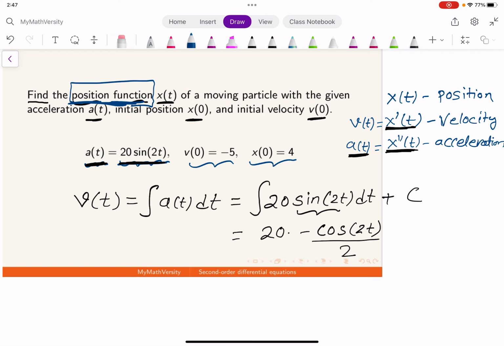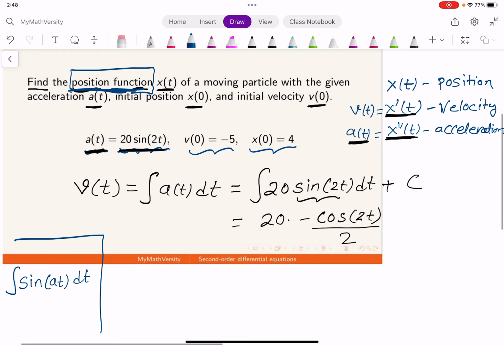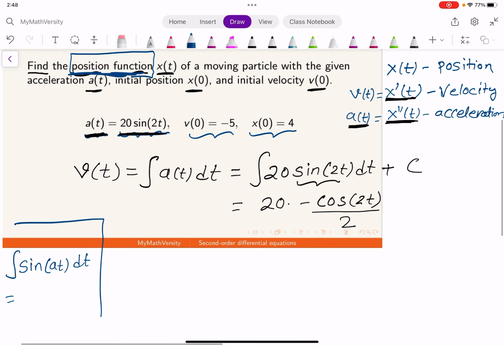So you need to remember a formula or know how to apply the substitution rule: if we have sine of at, with a as a constant, its antiderivative would be negative cosine of at multiplied by the reciprocal of a, which is 1 over a. I apply just that here, and then we get this.